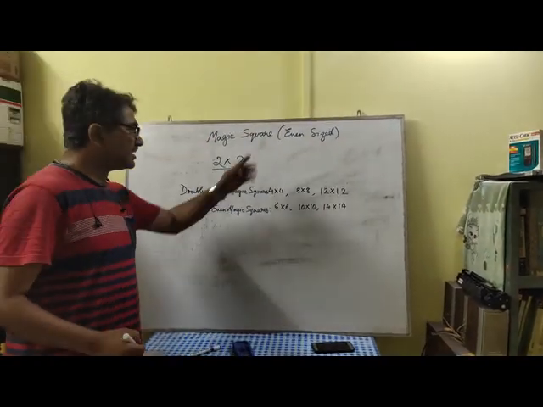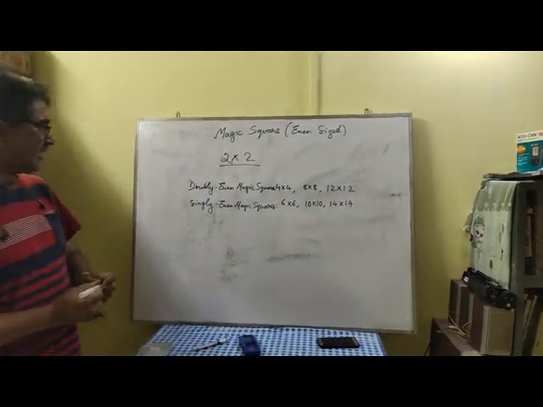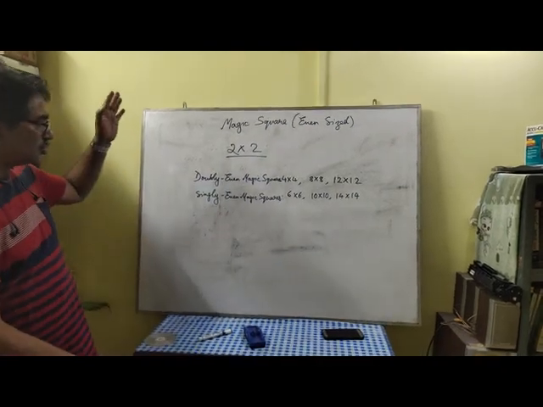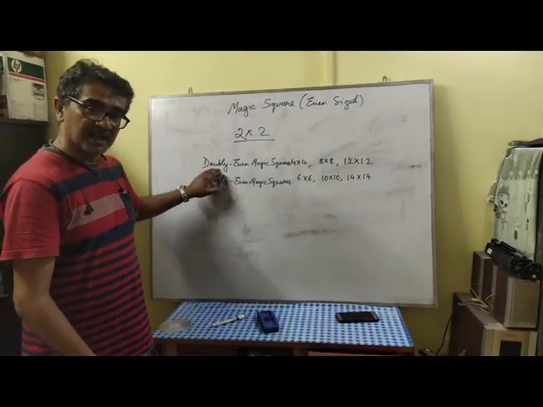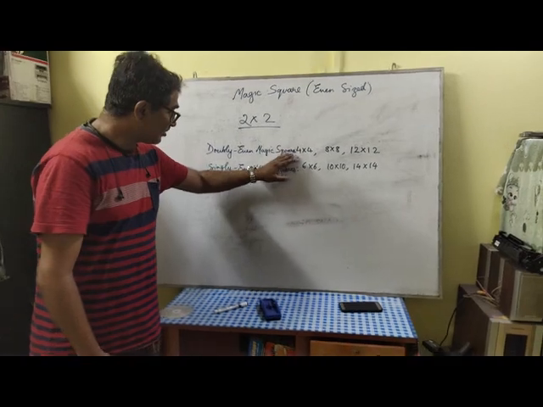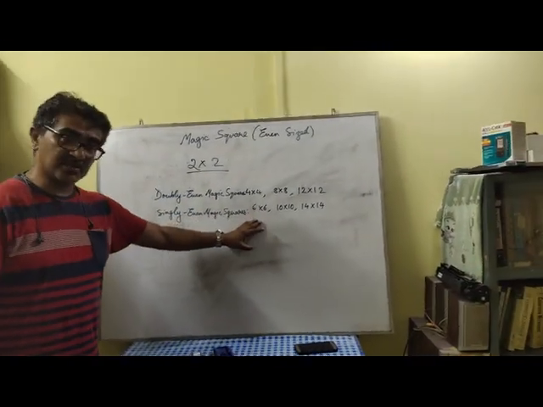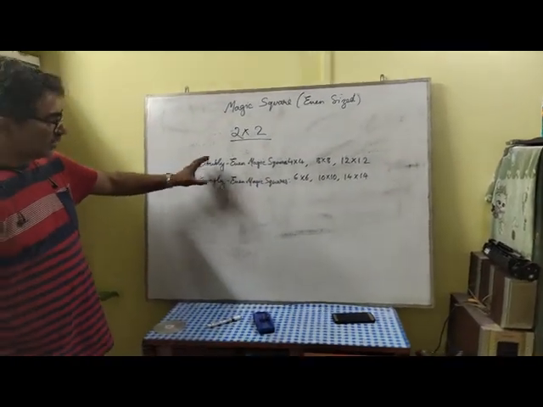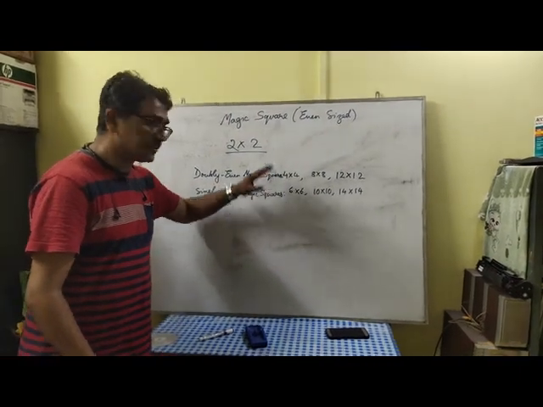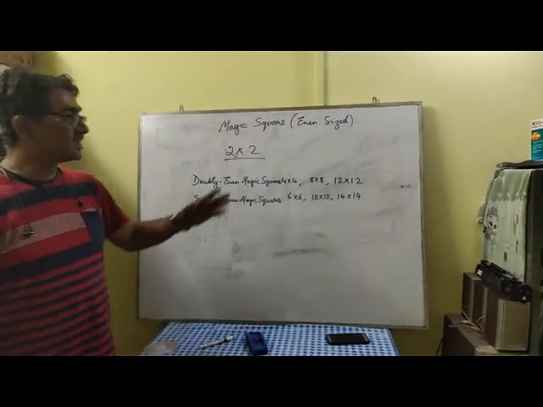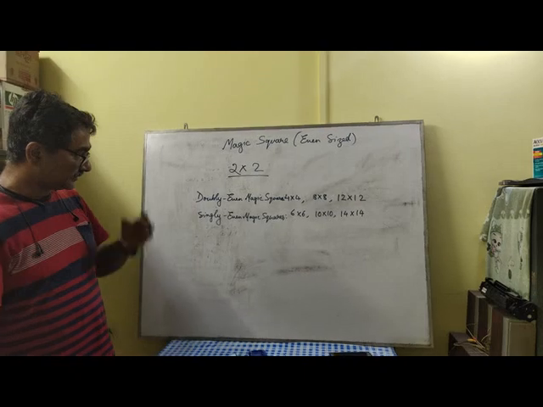So to generate a magic square whose size is even, we need to divide it into two categories: doubly even magic square and singly even magic square. Once you are able to categorize these two, it's pretty simple to develop a magic square of even size.